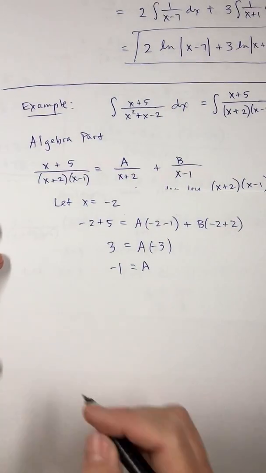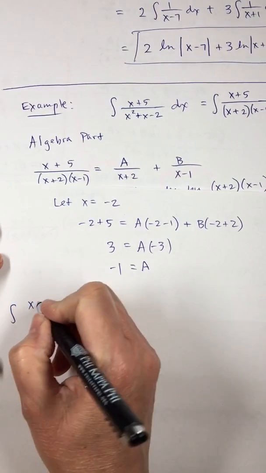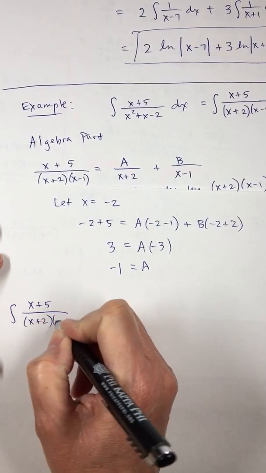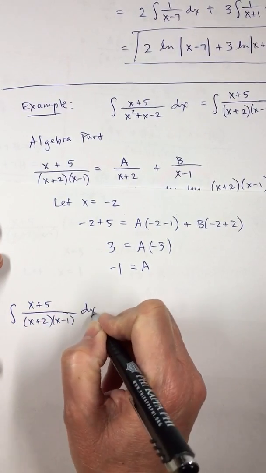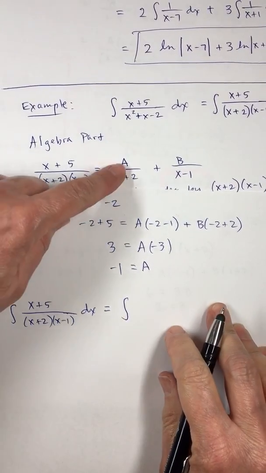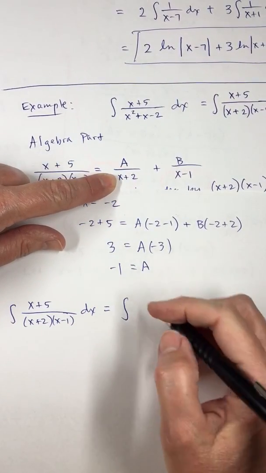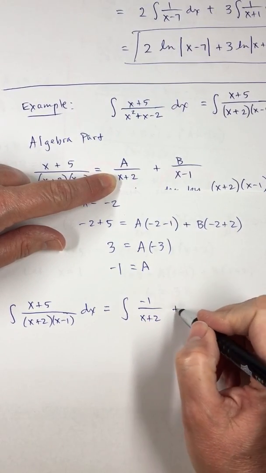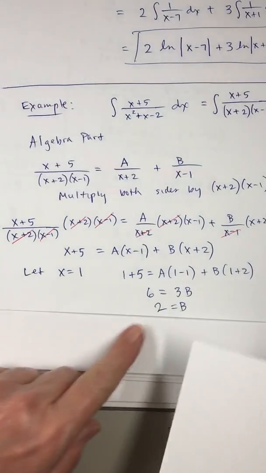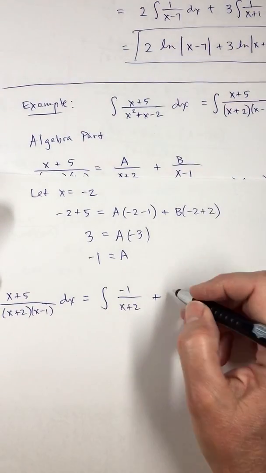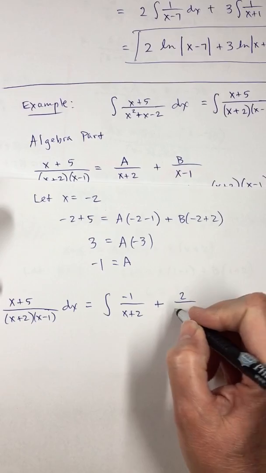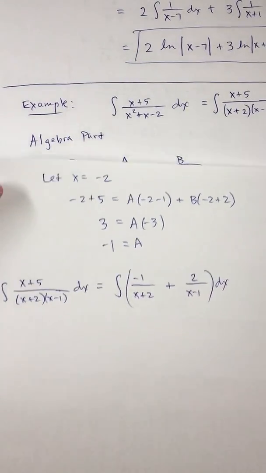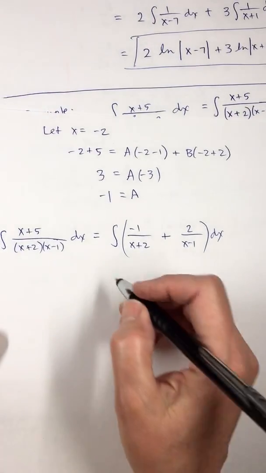So now I have the integral of x plus 5 over x plus 2 times x minus 1 dx equals the integral of a over x plus 2, a is -1, so -1 over x plus 2, plus b was 2, so 2 over x minus 1 dx, and that's just two separate integrals.